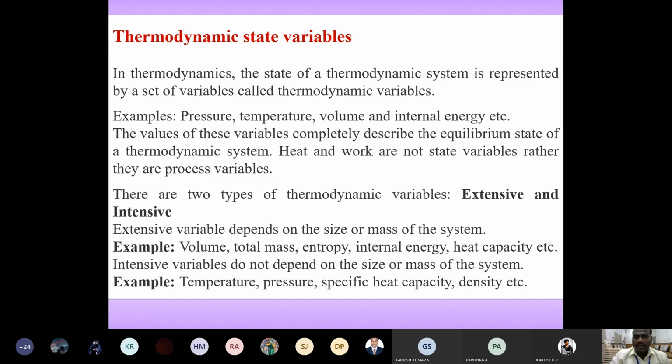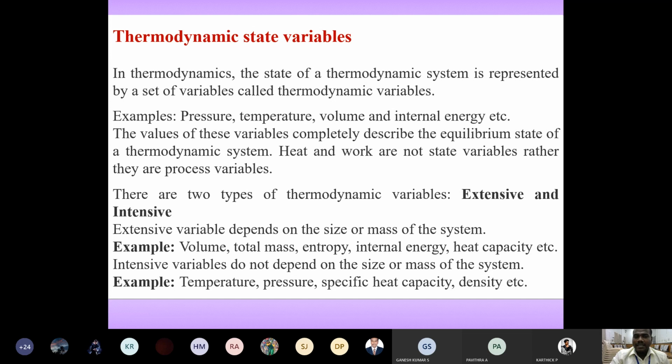So there is a change in volume if you cut the system by two. Since it depends on the size or mass of the system, it is called an extensive variable.